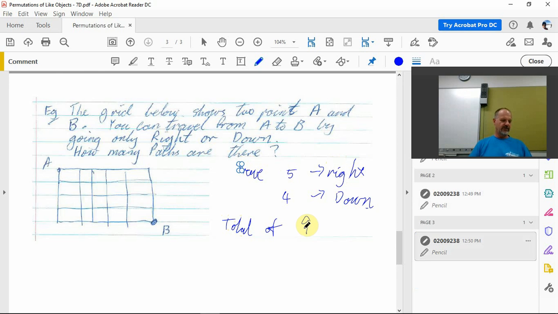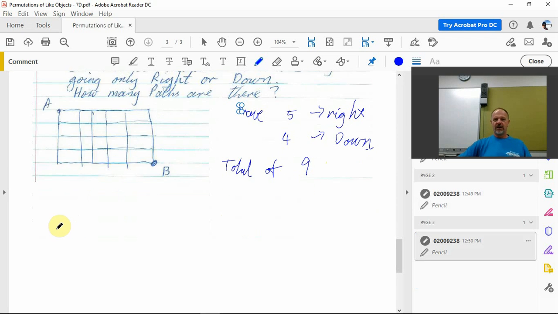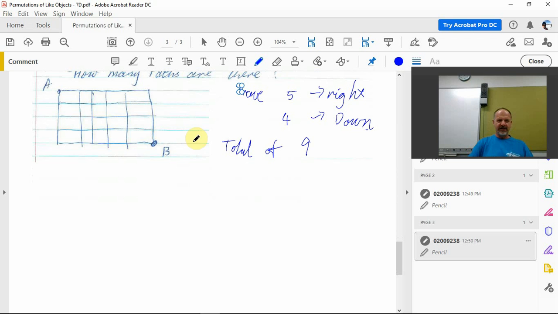So my number of ways would be 9 factorial over 5 factorial for the number of different ways of going right, and 4 factorial for the number of ways of going down. Effectively what that's saying is going there and there, there and there, is no different to each other. It's exactly the same because you end up at this spot.